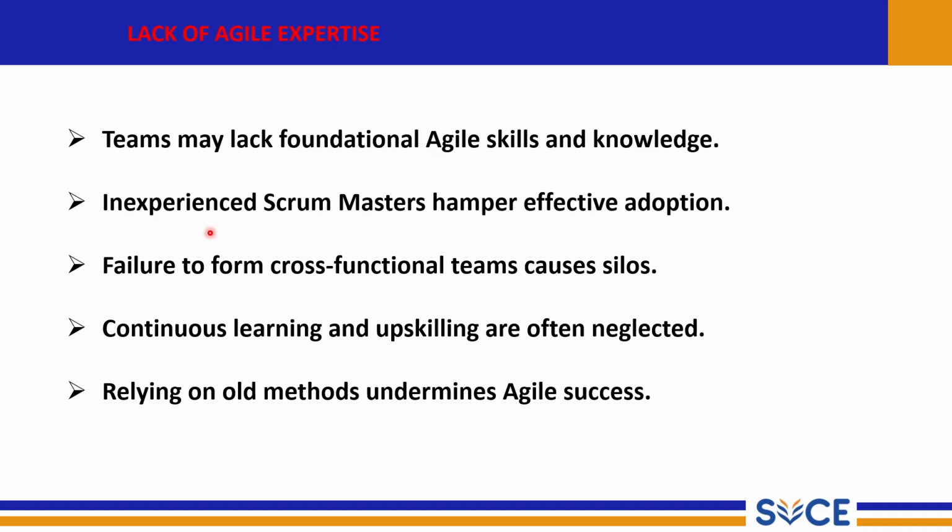Next, inexperienced Scrum Masters hamper effective adaptation. Without strong facilitation, agile ceremonies lose value. The third one is that failure to form cross-functional teams causes silos. Agile needs collaboration, but silos block progress.